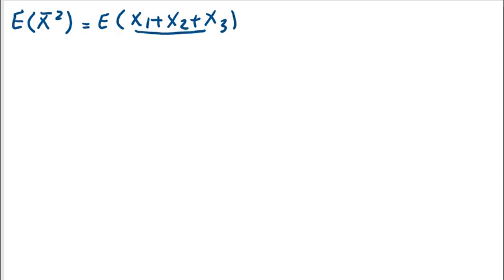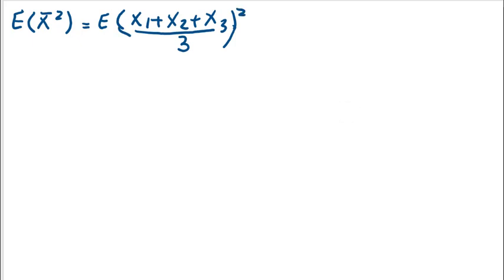So we have expectation of x bar squared is equal to expectation of x1 plus x2 plus x3 divided by 3, the whole lot squared.